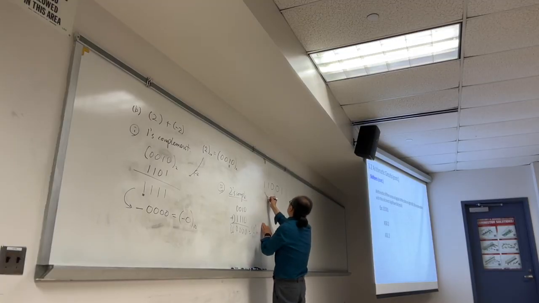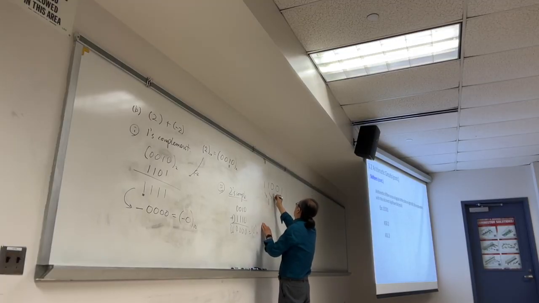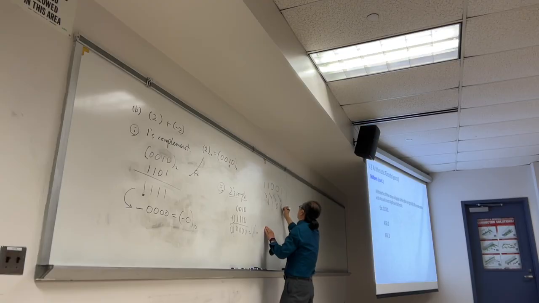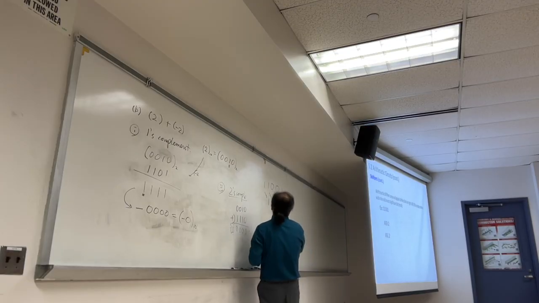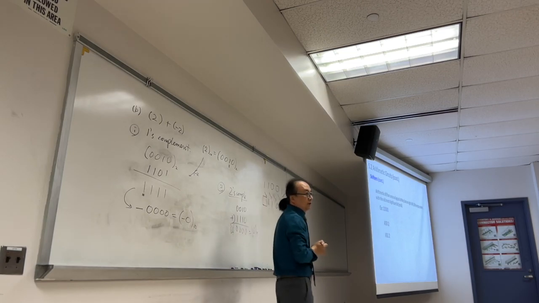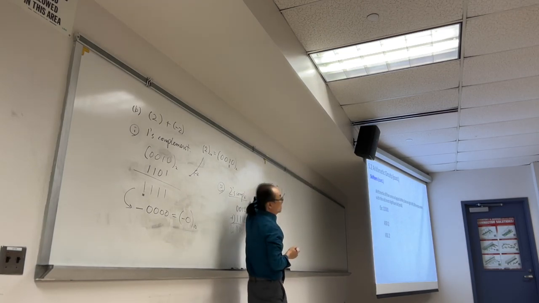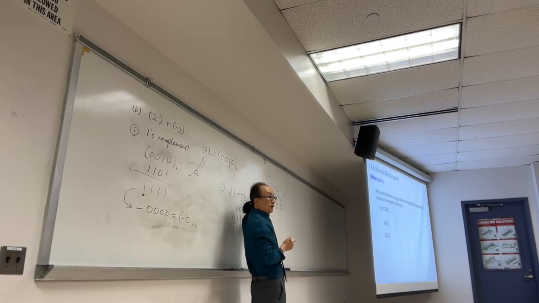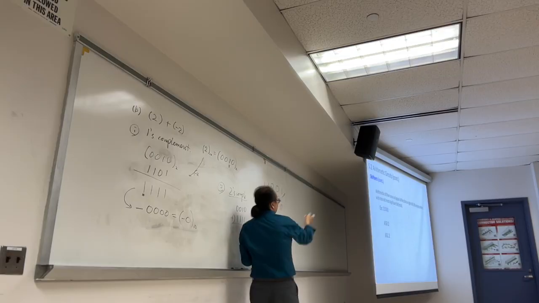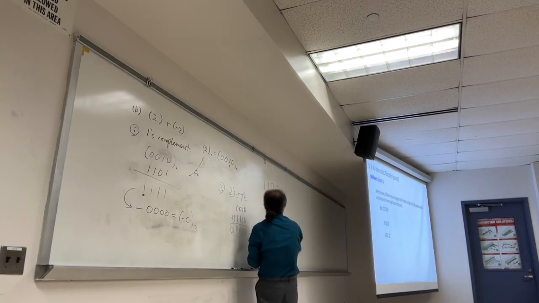So I'm going to shift this: 1, 1, 0, 0, and this is going to go away. The empty spot here is filled based on the sign. What was this? It was a negative number. How do you know? Because it starts with 1. That's why it says look at the most significant bit. Copy this down.